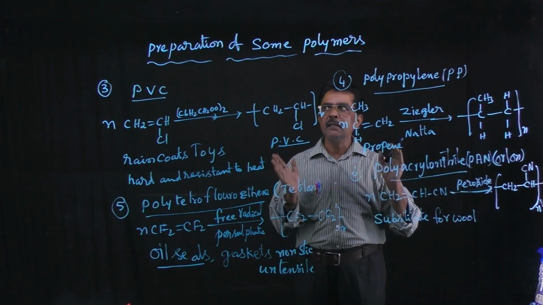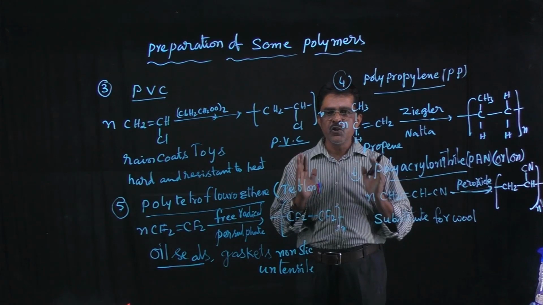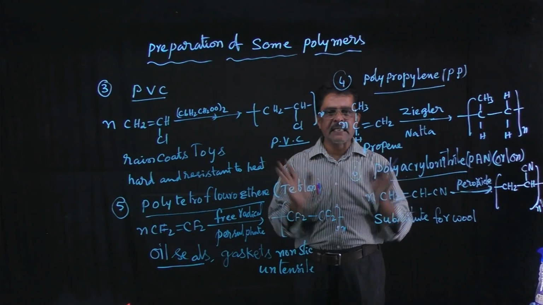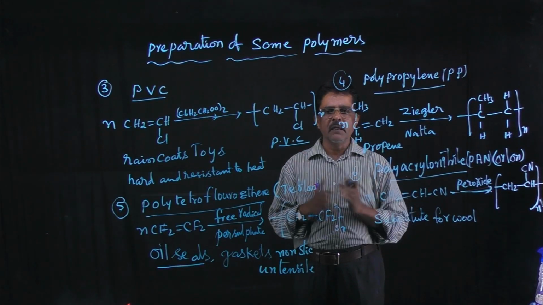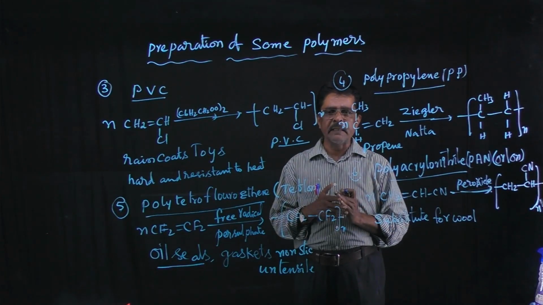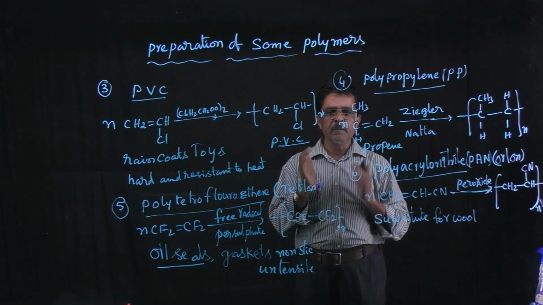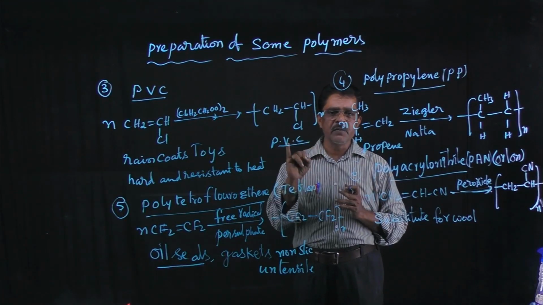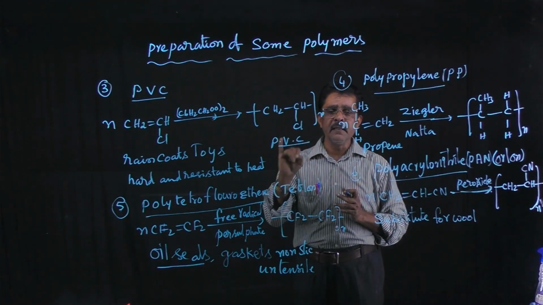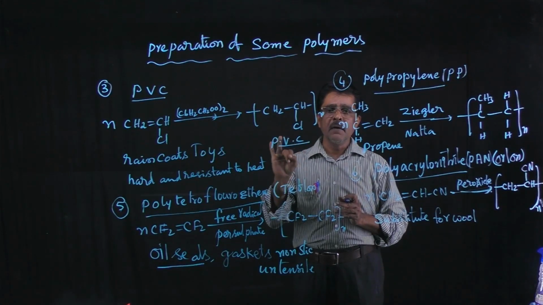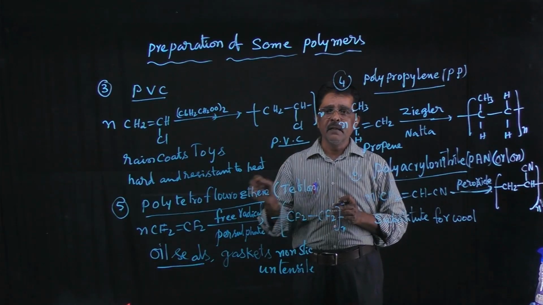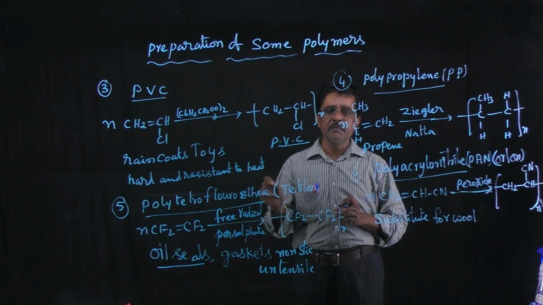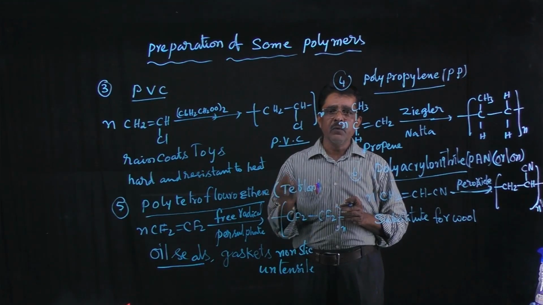These are the polymers which are polyenes, involved in the polymerization. Double bond compounds are involved in the polymerization. How many types of polyenes are there? First one is the polythene. Second one is polystyrene. Third one PVC. Fourth one is polypropylene. And fifth one is Teflon, polytetrafluoroethylene.